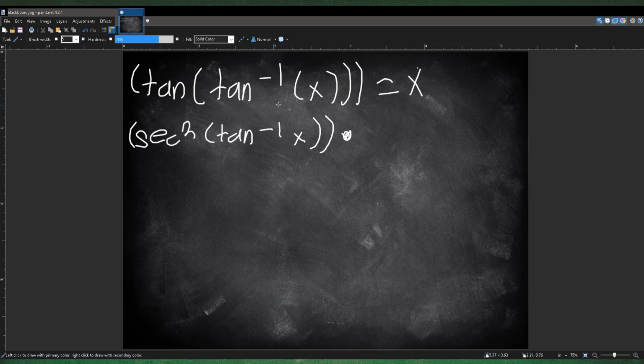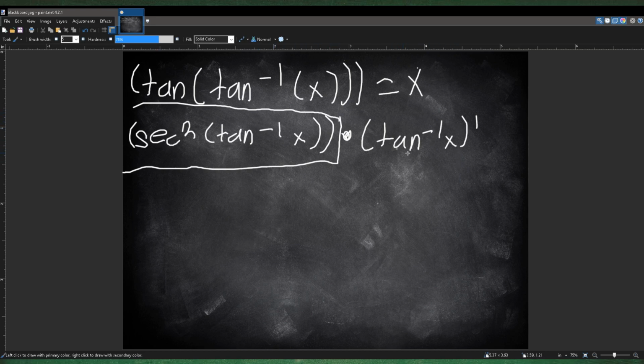So our second chain is the derivative of inverse tan of x, which is all we have left. We just reverse this equation to the other side to get the derivative of the inverse tan of x. That was the left side. The right side is 1, because the derivative of x is always 1.